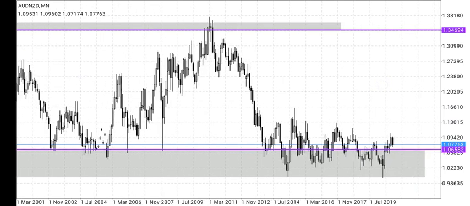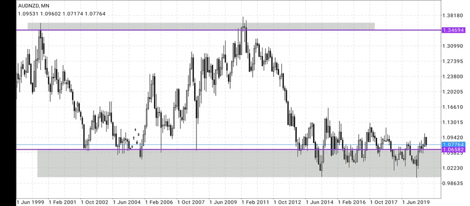So that means we can say all these zones are support zone. All right, so now what is the next thing I'm going to consider? So I'm going to figure out my minor support and resistance zones.